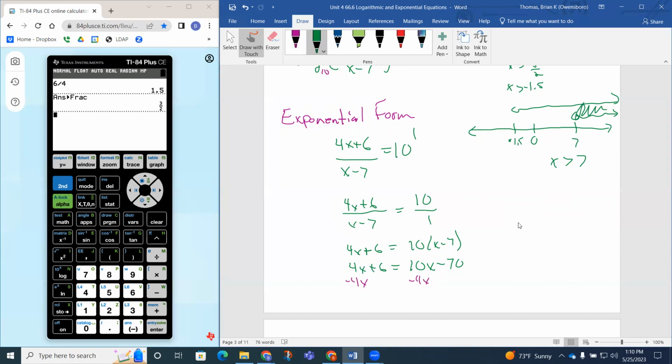So that's going to give me 6 equals 6x minus 70. So then the 70 has got to come over here, make that a 76 equals 6x. And then we have to divide by 6 to get the x by itself. So 76 divided by 6.